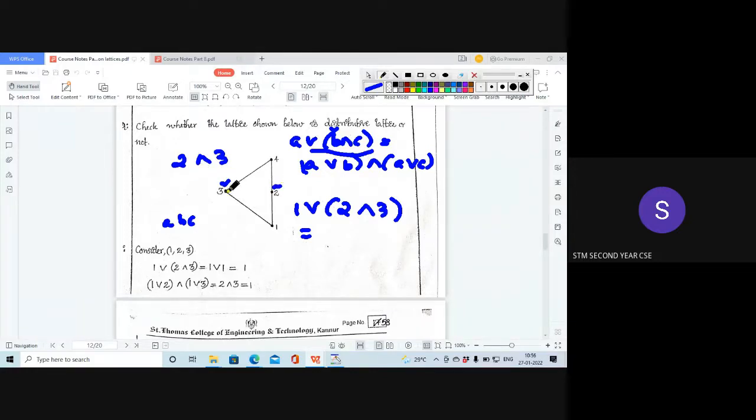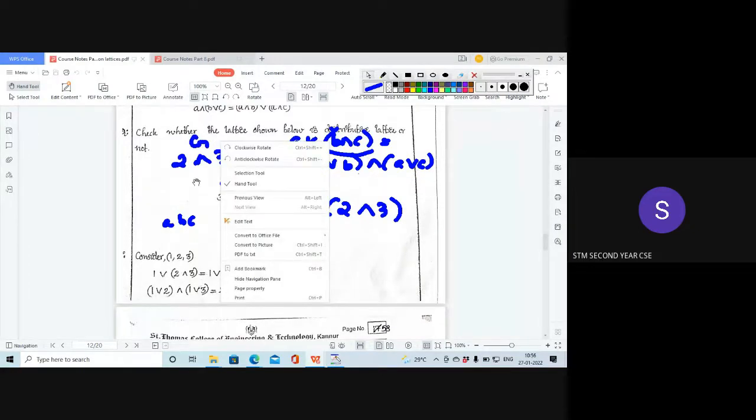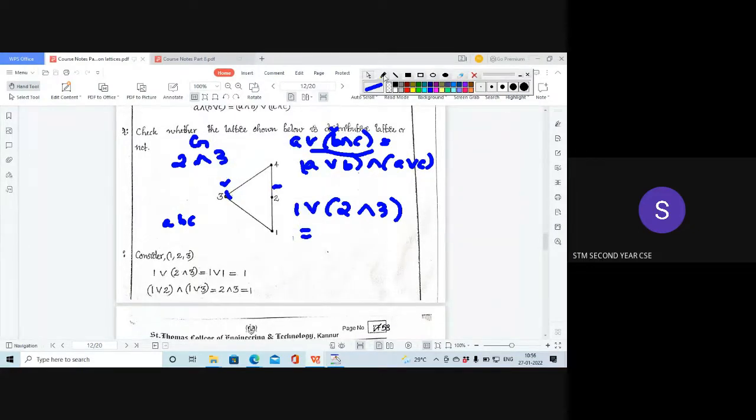Sorry, the greatest lower bound, isn't it? Meet means the GLB, greatest lower bound. So the greatest lower bound of 2 and 3 is 1. So here this evaluates to 1.